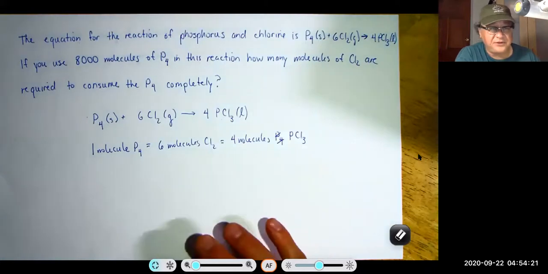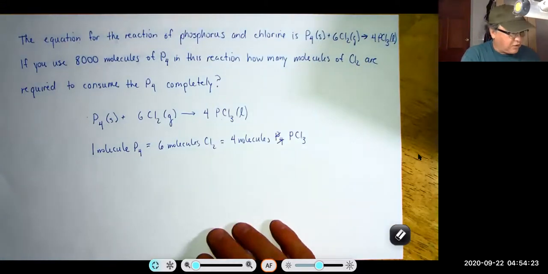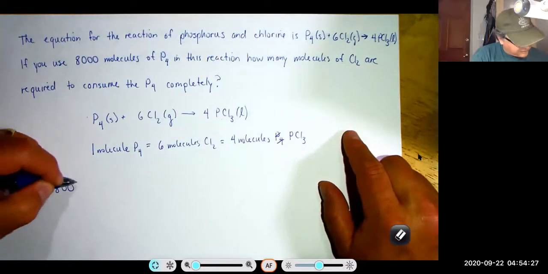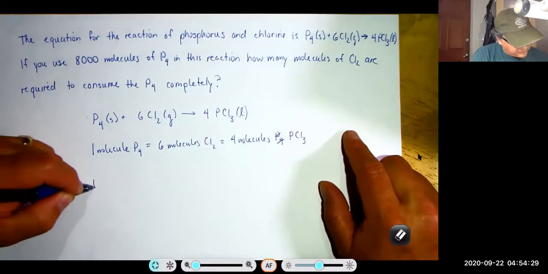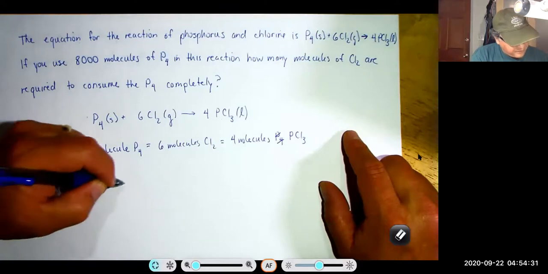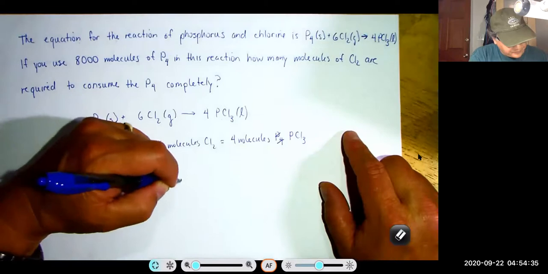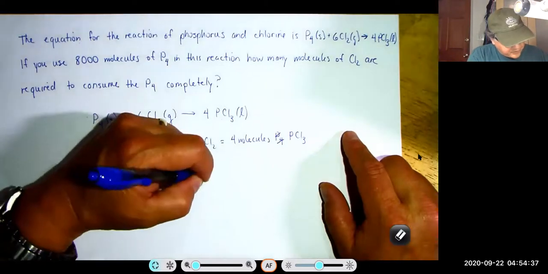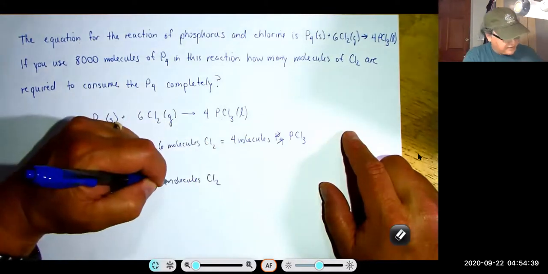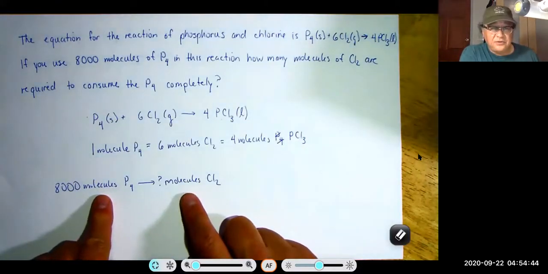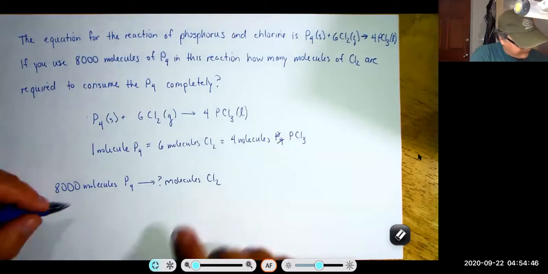So if I start off with 8,000 molecules of P4, and I want to figure out the molecules of Cl2, so this is like my question mark here. If I can find a ratio between these two, I'll be able to do that.